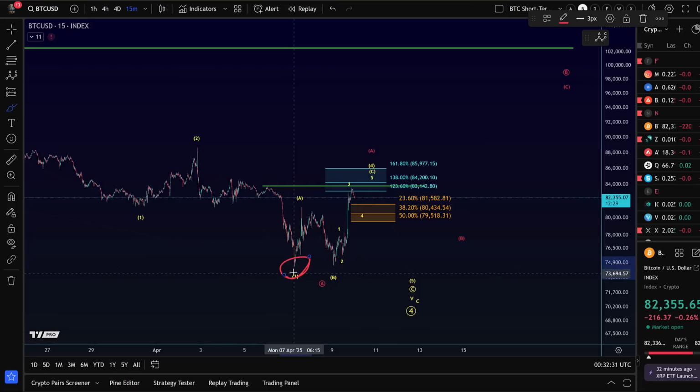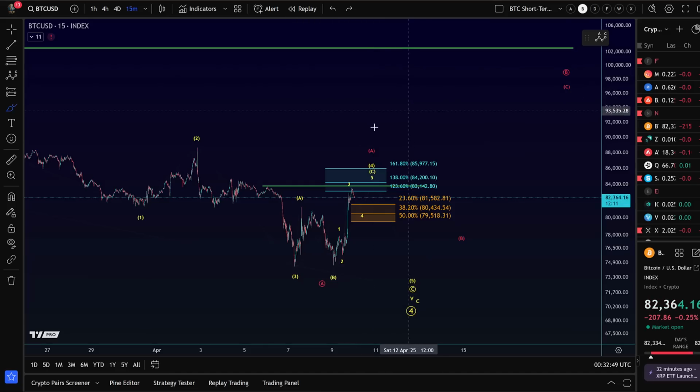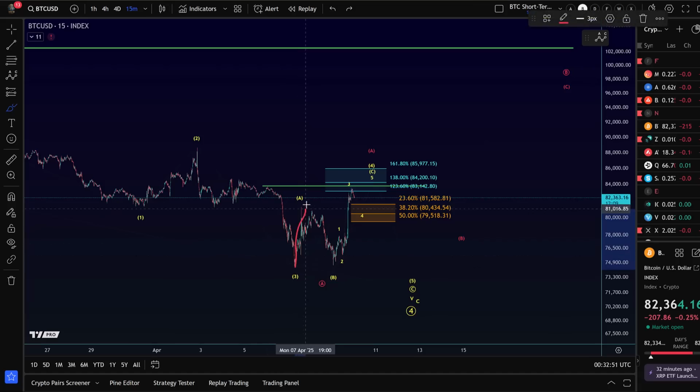If that's the case, it looks like we only form 3 waves up. So I do not expect impulsive price action to the upside. We won't have the luxury of working with 5-wave patterns. 5-wave patterns give us clarity. We're likely only going to see 3 waves, in this case as an A, B, C structure.